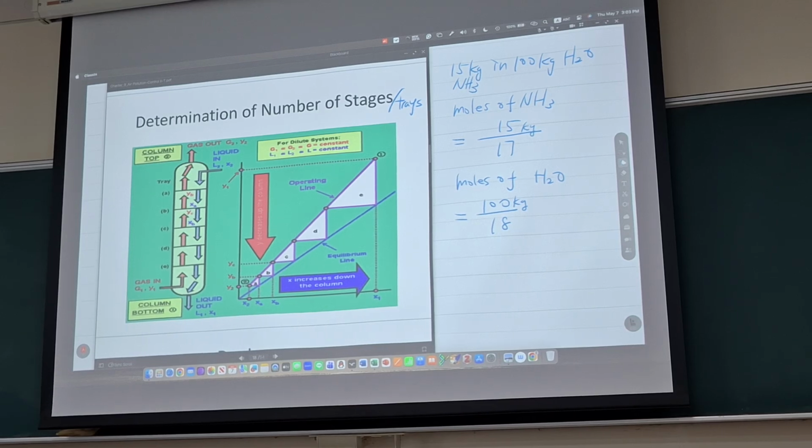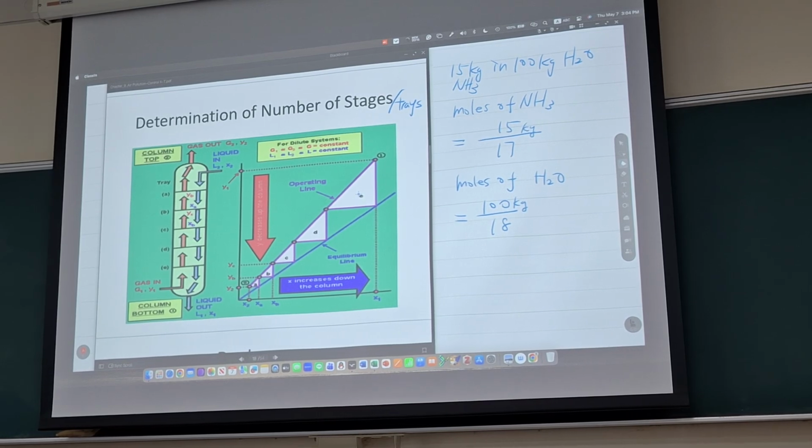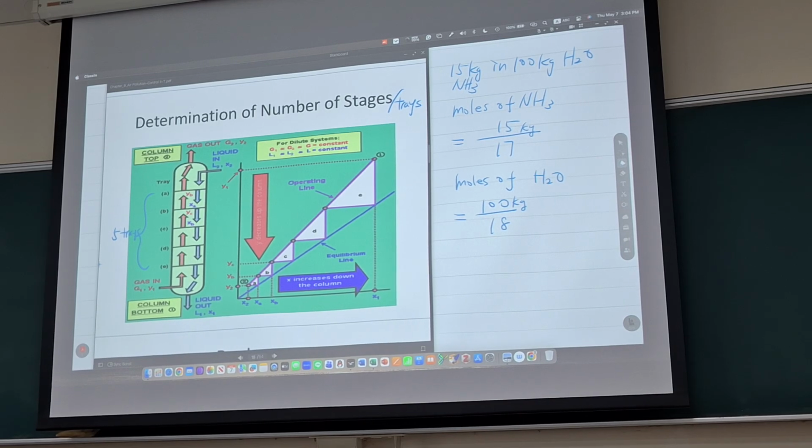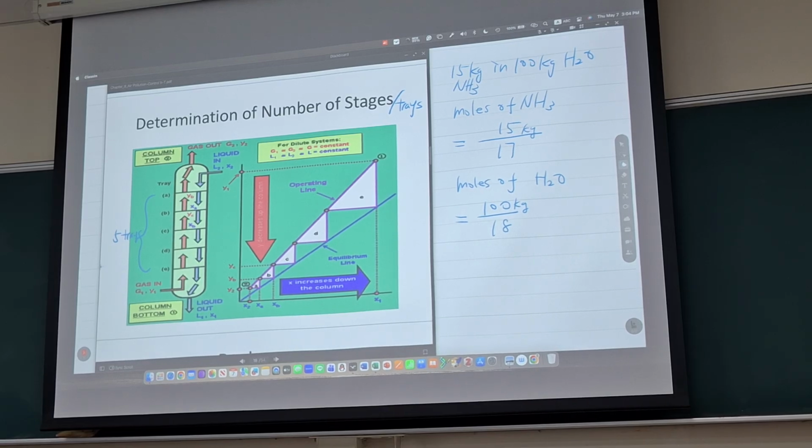So in this case, you need at least 1, 2, 3, 4, 5. You need at least 5 trays. Okay, by drawing this, this tells us you need at least 5 trays.